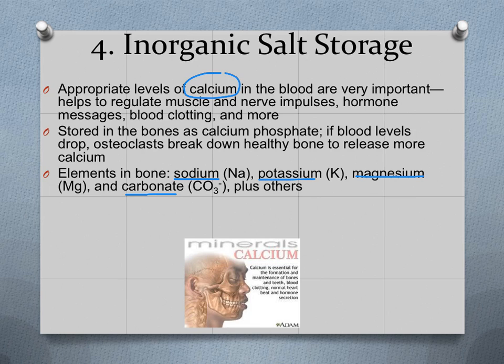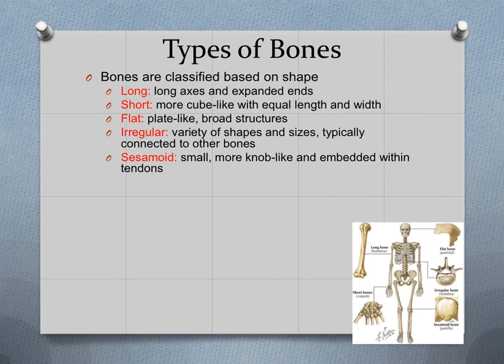The body's constantly monitoring the level of calcium that's in the blood. If your blood gets low in calcium, then specialized bone cells called osteoclasts will begin to break down some of the solid part of the bone, which releases calcium into the blood supply.